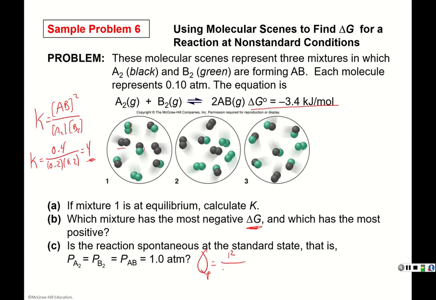If everything's at 1 atmosphere, we'd have 1 squared for our products divided by 1 times 1 for our reactants. That's just going to equal 1. What is K? K is 4. So in this case, Q is less than K. When Q is less than K, that means your equilibrium lies in that direction to the right. So yes, this would be spontaneous.